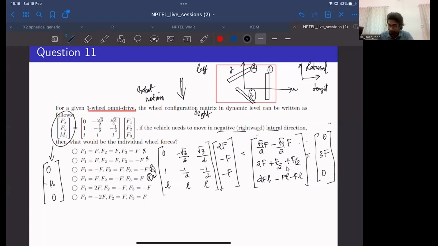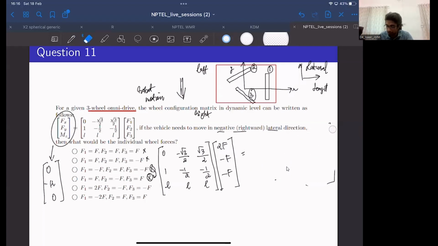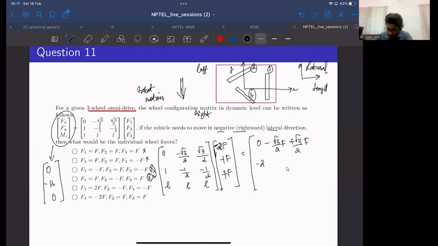If we simply flip the sign of these components, the first term would be negative 2F, the second term would be plus 2F, the third would be plus 2F. If we multiply this out, the first entry would be 0 minus root 3 by 2 F plus root 3 by 2 F. The second entry would be minus 2F.